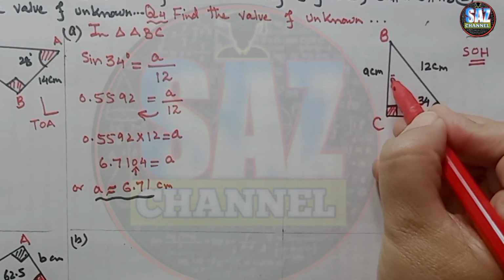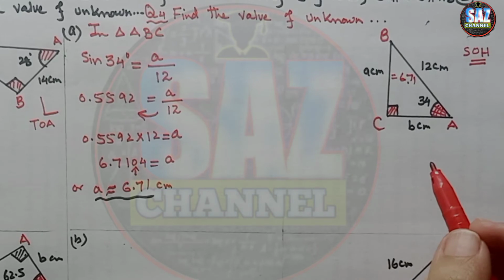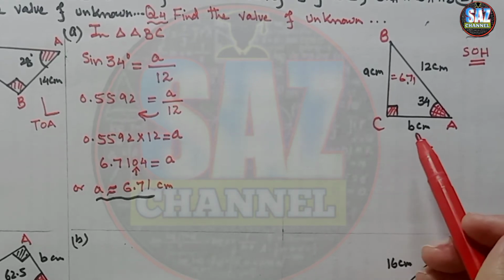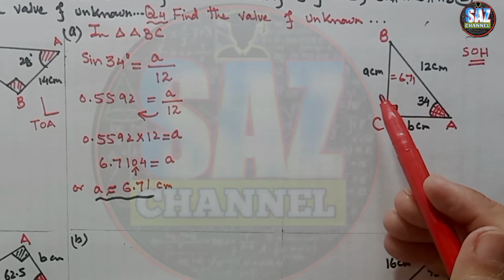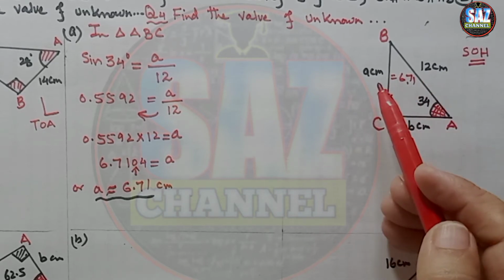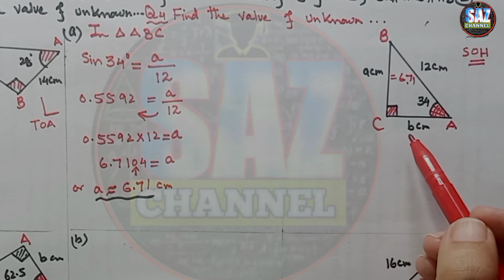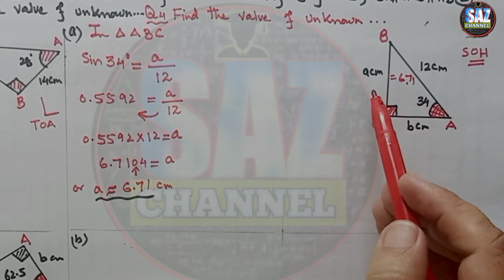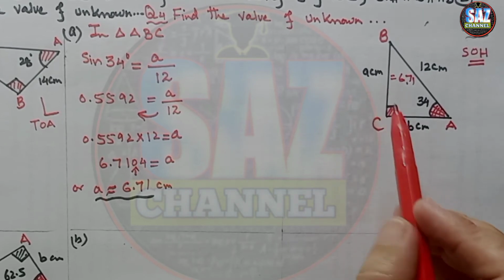Now we have got the value of one of the unknowns, that is 6.71. Now for the calculation of the value of B, either we can apply the Pythagoras theorem, since we have two sides with us and we can find the third with the help of that, or we can use opposite upon adjacent because A is with us.